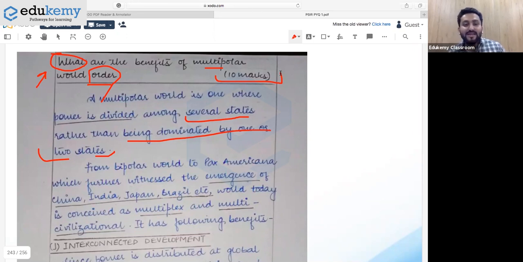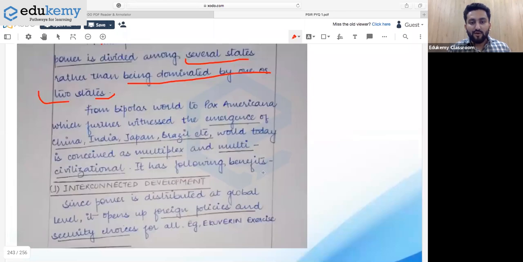Actually, in international politics there is no order per se. We only strive to bring order, either by bipolar or by multipolar. But here you have only 150 words, so you need not elaborate on that part.